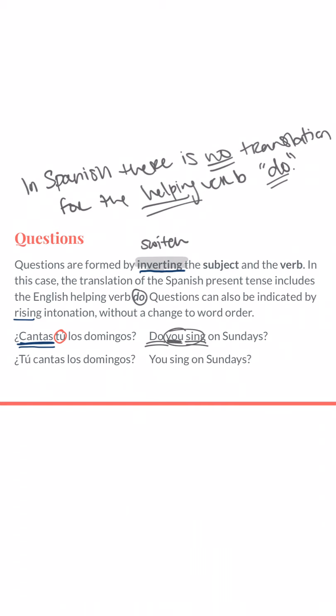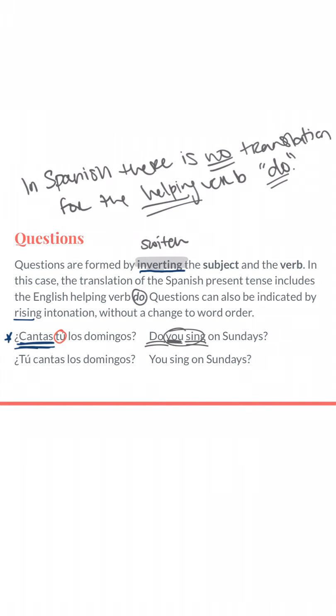Tú cantas los domingos, I see here down below. But I would really stress that for good practice, this is the method that we should be sticking to. That way there's no confusion as to whether it was a statement or a question. Also, in writing, you will always see this example right here as the proper example.